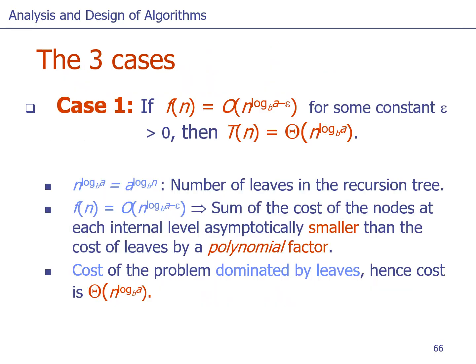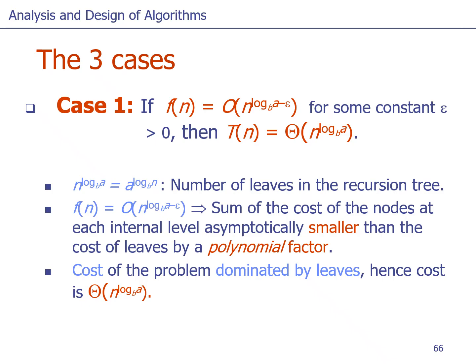So here is our conclusion. For case 1, if f of n is equal to O of n to the power of log a base b minus some epsilon, and we can find that epsilon. The thing is, we have to find this epsilon, okay? Then T of n is in theta of n to the power of log a base b.